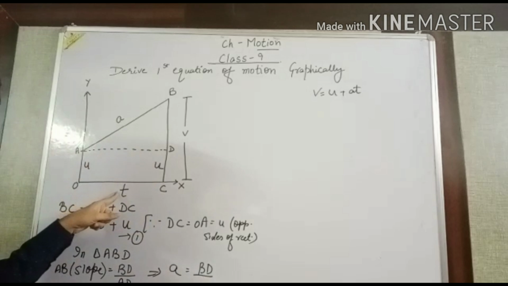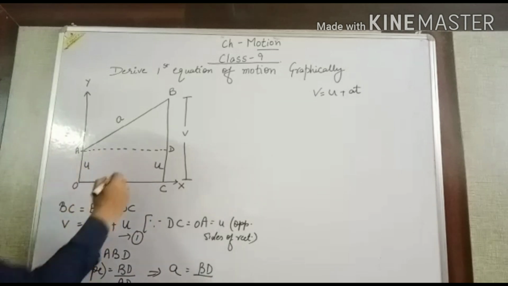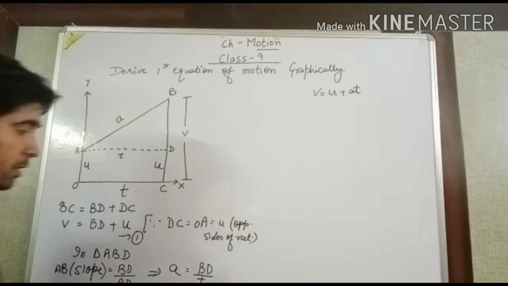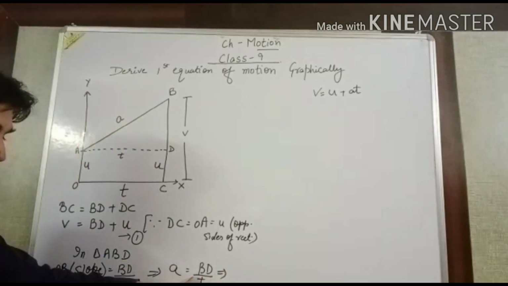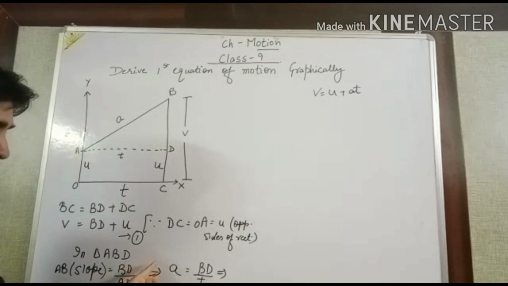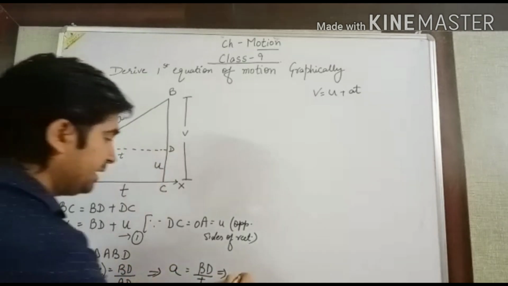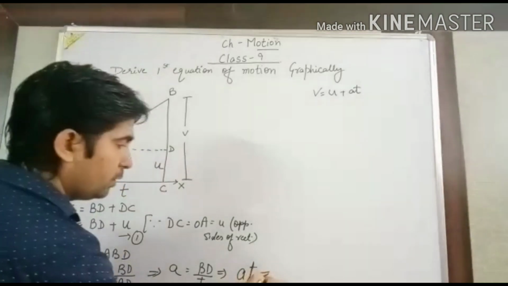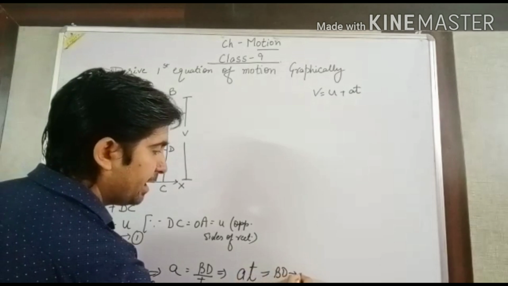So if this is t, this is also t. So the value of AD is t. Now the t that divides BD goes to the left-hand side and gets multiplied, so it becomes at = BD. Take it as 2.